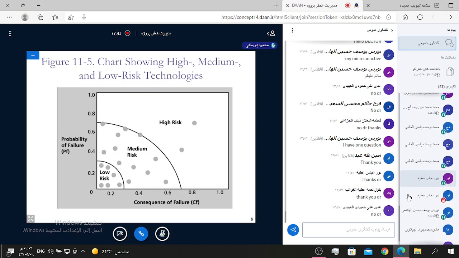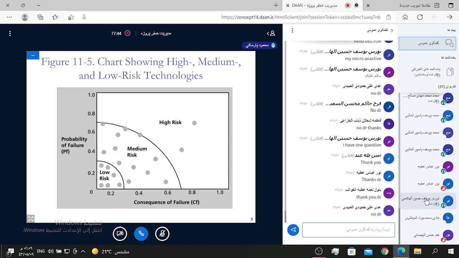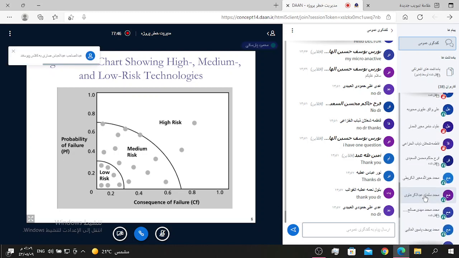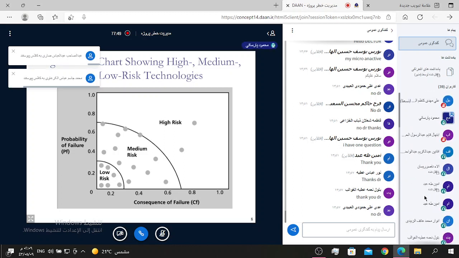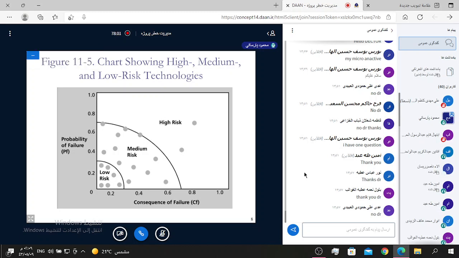And according to these numbers, we can make some regions about the level or sensitivity of risks. So in this chart, we have 3 regions. We make 3 regions in this example; we can make more than 3 regions for the level or sensitivity of risk in our project, in our risk management.